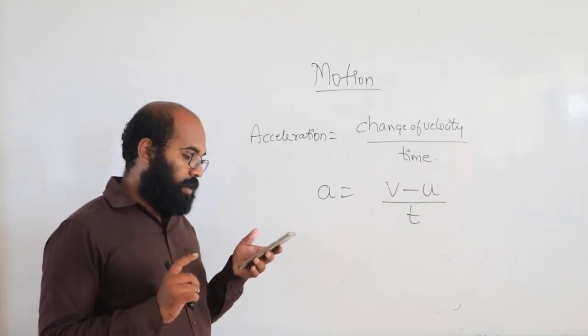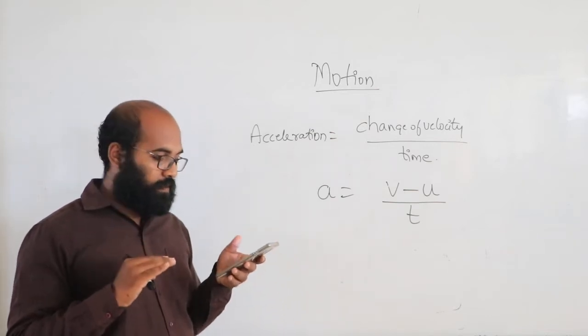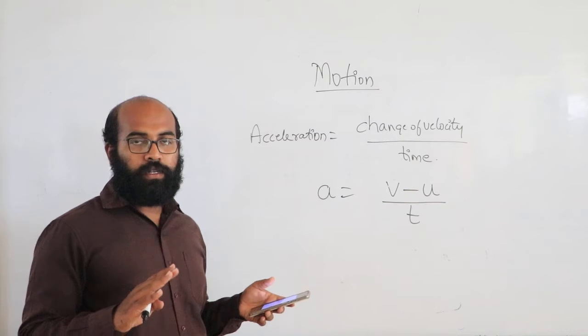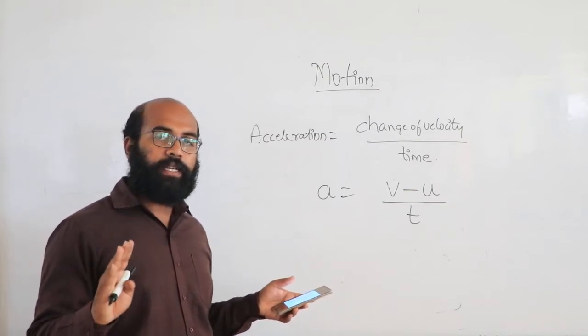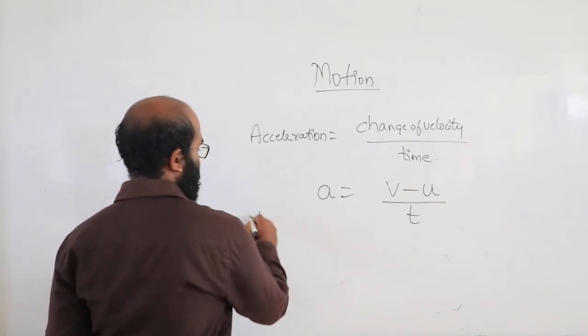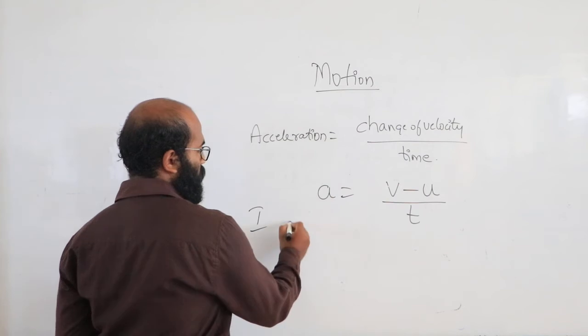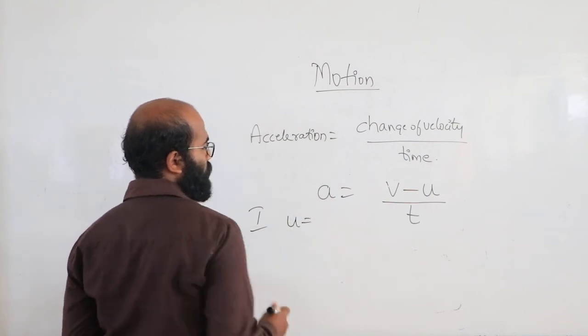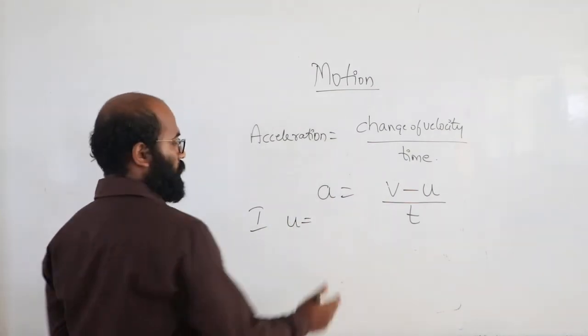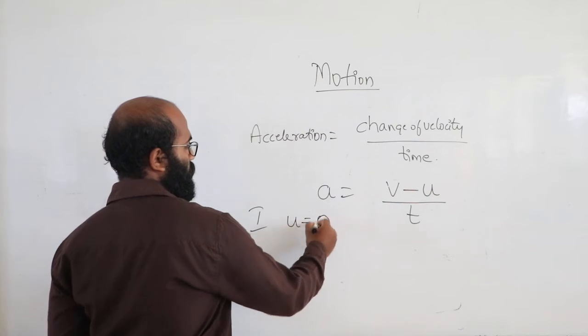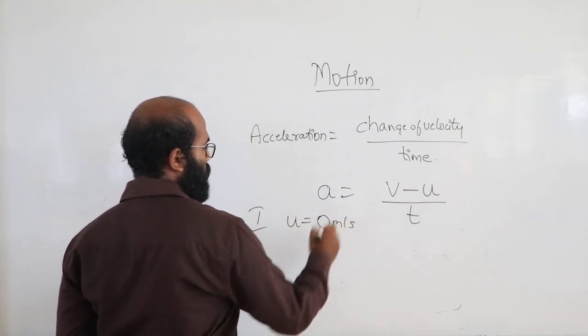In the first case, he is starting from the stationary position, so there is no velocity. Velocity is 0. Since he has not started, the initial velocity will be 0 meter per second.